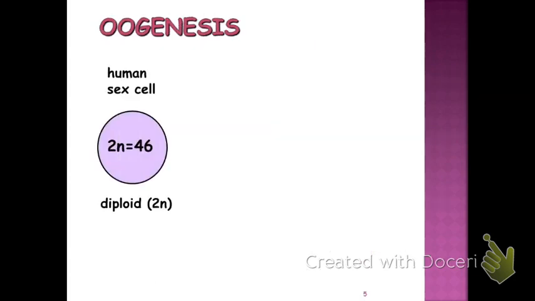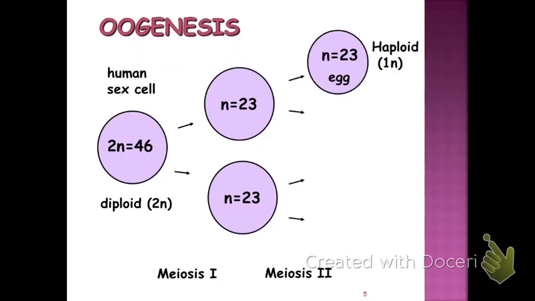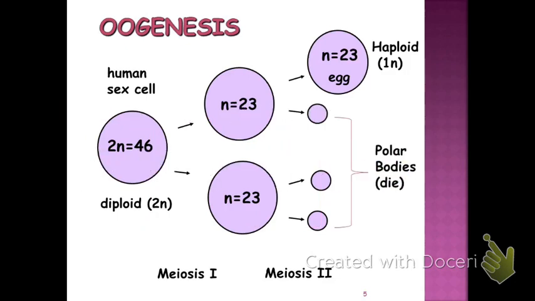In oogenesis, we start out again with a diploid cell containing 46 chromosomes. We go through meiosis 1 and meiosis 2, but at the end, we only result in one egg that is haploid. The other 3 are turned into what we call polar bodies that are going to end up just dying.